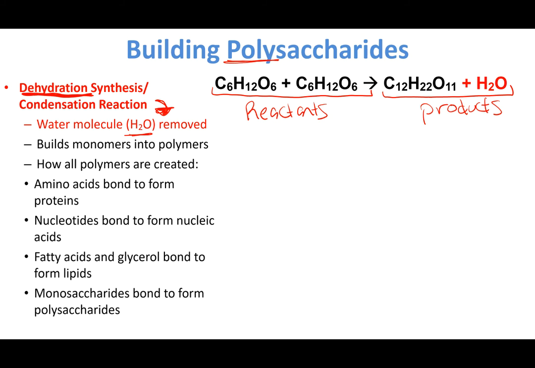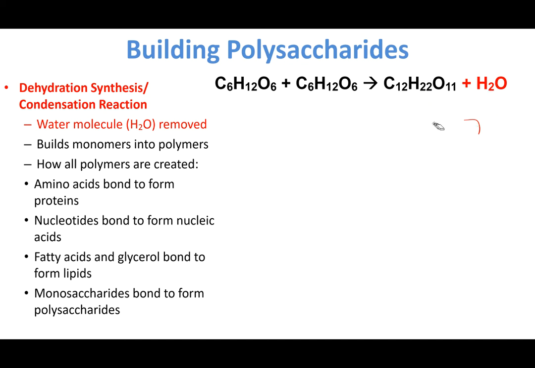So in dehydration synthesis, you have physically pulled a water molecule out and it's become your product. It's also called a condensation reaction because think about when you put something cold out and water condenses on the outside of the glass. But really, dehydration is probably a better word because you're pulling water out. You have your reactants, and out of those reactants, you pull out a water molecule. I'll show you exactly how that works in a minute.